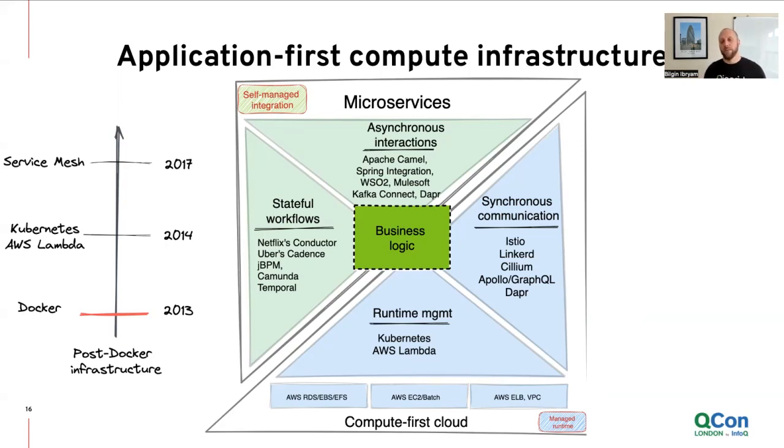Kubernetes and Lambda were announced, and Service Mesh a bit later. All that meant that the runtime responsibilities we mentioned earlier started shifting from the underlying platform and became a responsibility of ops teams and cloud services. There was no more concern for developers.